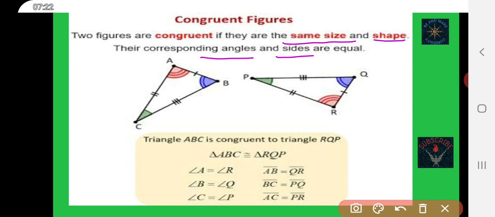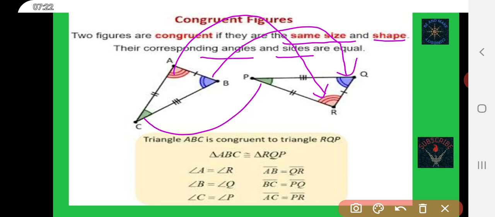Okay friends, so here two triangles are given. One is triangle ABC, another one is RQP, and both are congruent. Why are they congruent? Because here you see the corresponding parts. Angle A corresponds to R, angle B corresponds to Q, and angle C corresponds to P, and they are equal.